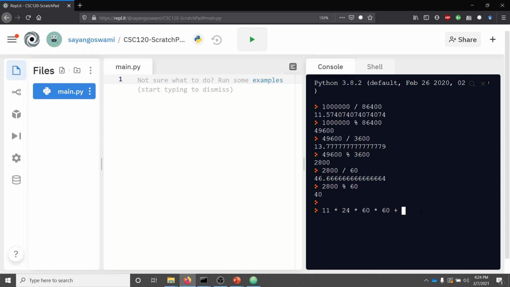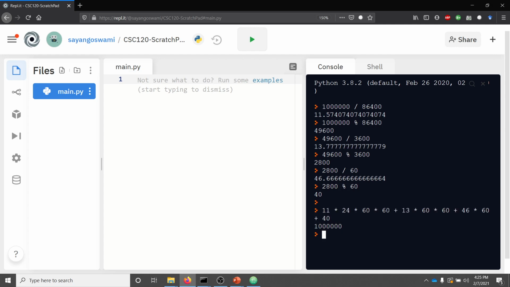What about 13 hours? 13 hours will have 60 minutes, which will in turn have 60 seconds, right? Plus, what about 46 minutes? Each minute will have 60 seconds, so 46 minutes will have 46 times 60. And then finally we have 40 seconds, plus 40. If you run this, you get a million back, right? So 1 million seconds is equal to this.